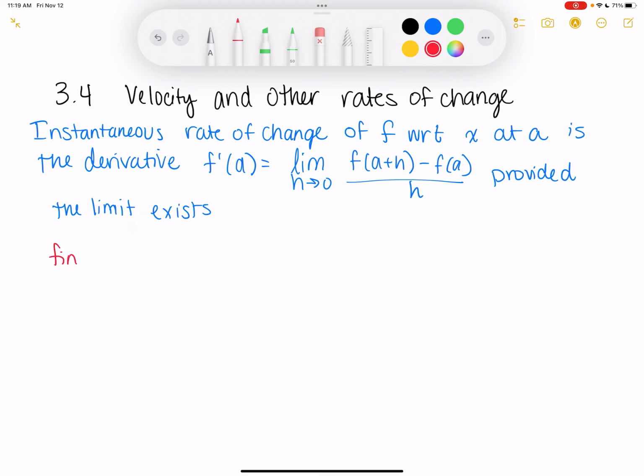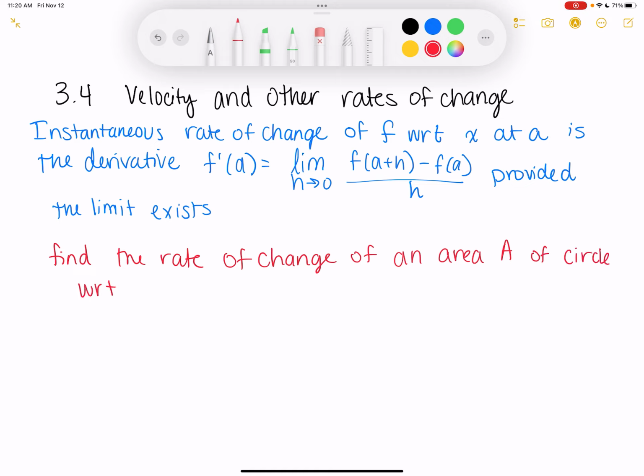Find the rate of change of an area A of a circle with respect to radius r. So the formula for area of a circle in general is A equals pi r squared.